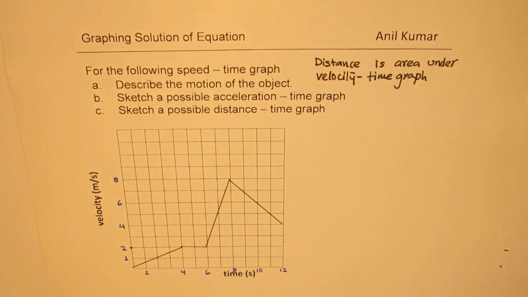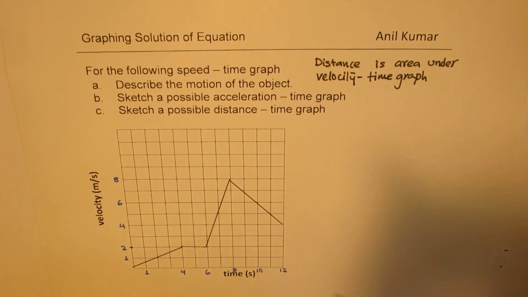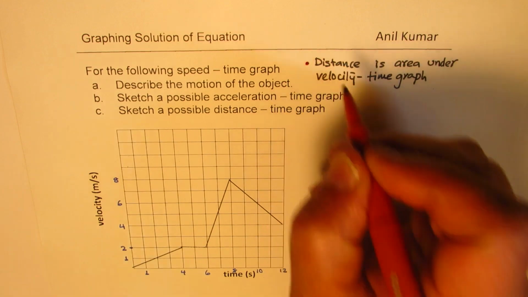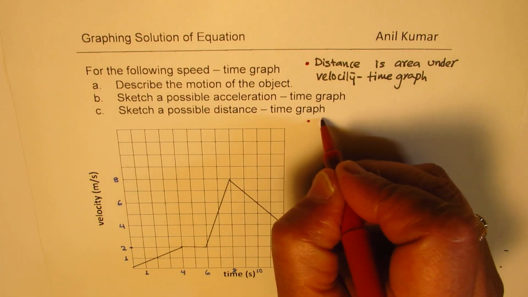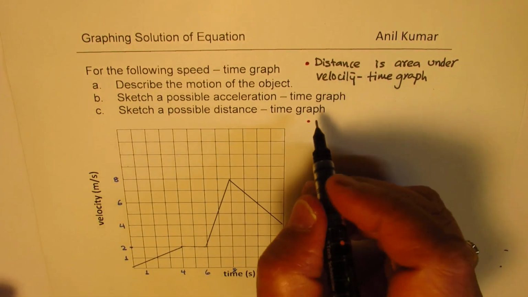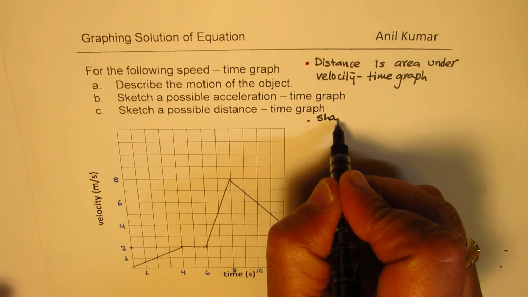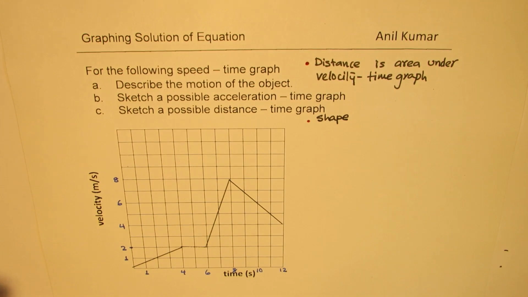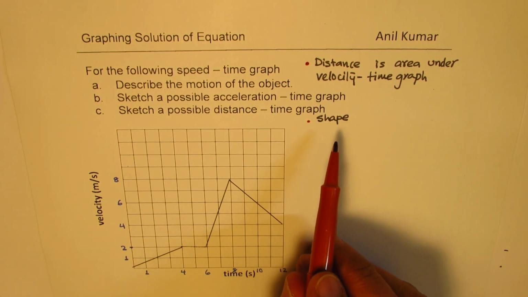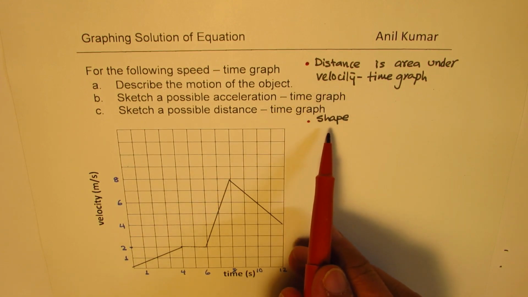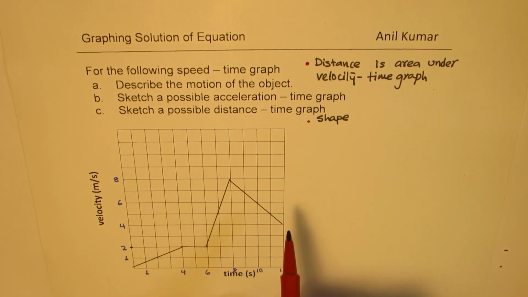Right, so that is kind of an important thing to understand. So we get the value of distance from this. The second important thing to understand is the shape. That is also important, and we'll look into the shape of the distance time graph while sketching.